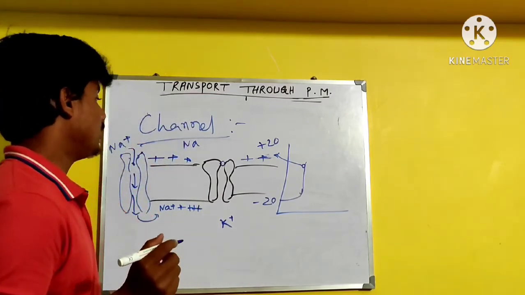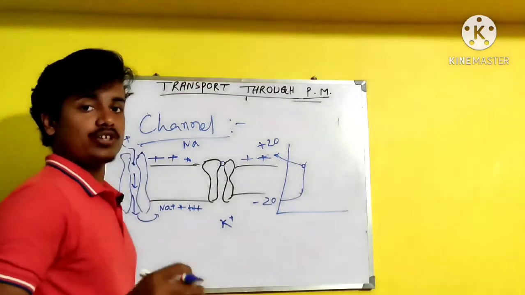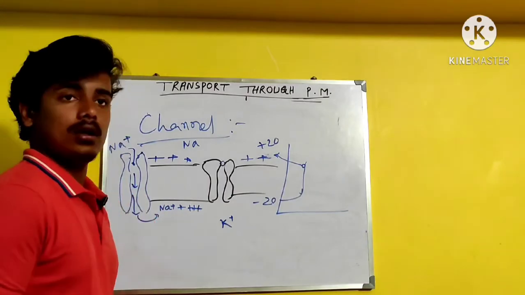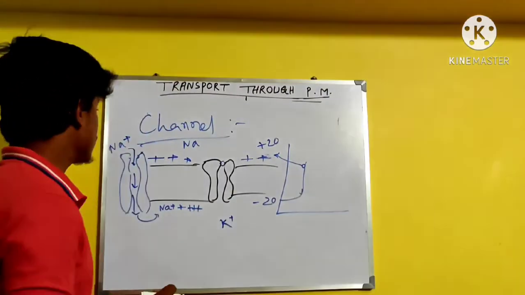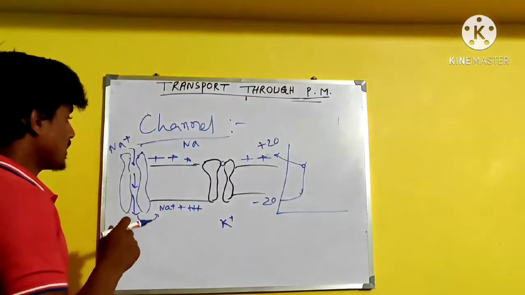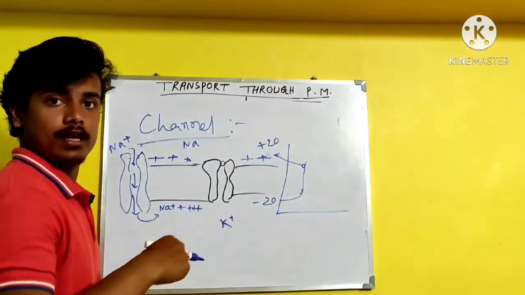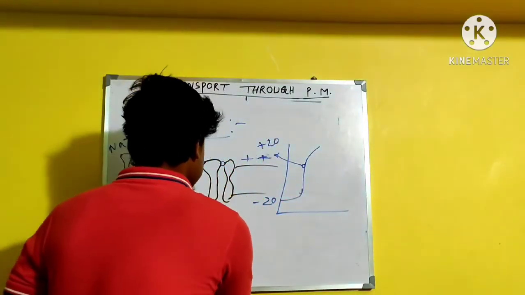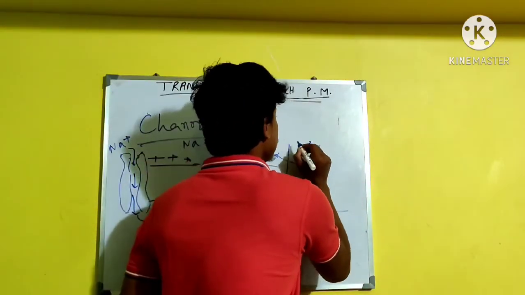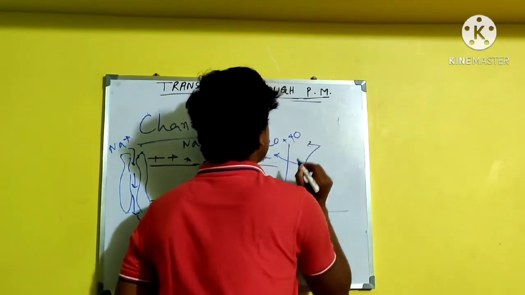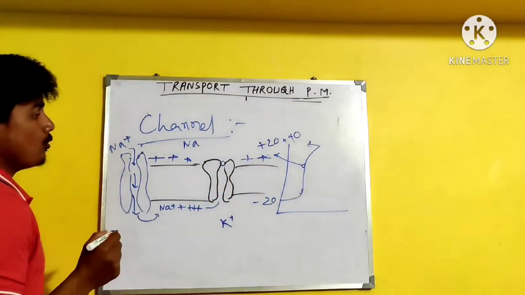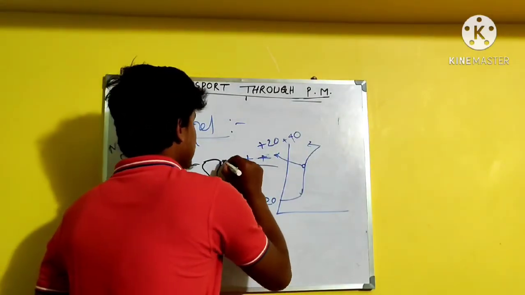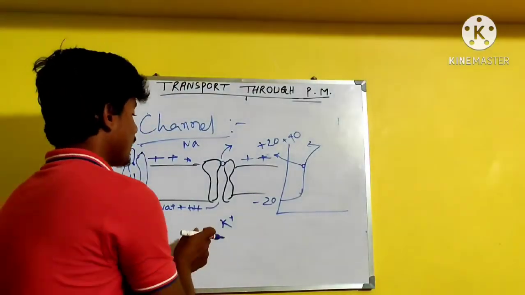This Na plus will increase the positive charge of the cell. At this point the difference of voltage gradient will increase, and when the voltage gradient is plus 40, then K plus will move out from the inside of the cell.